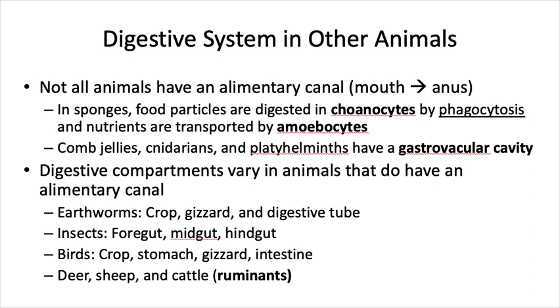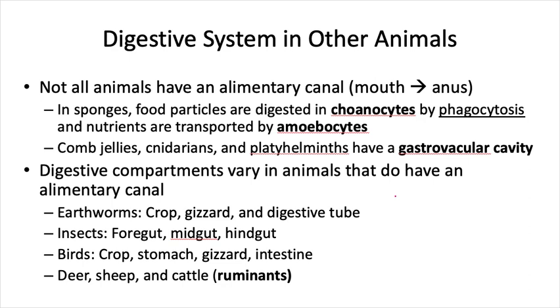In comb jellies, which is the phylum Ctenophora, in cnidarians, and also in platyhelminthes, the free-living platyhelminthes anyway, they have a gastrovascular cavity with only a single opening called the mouth/anus.